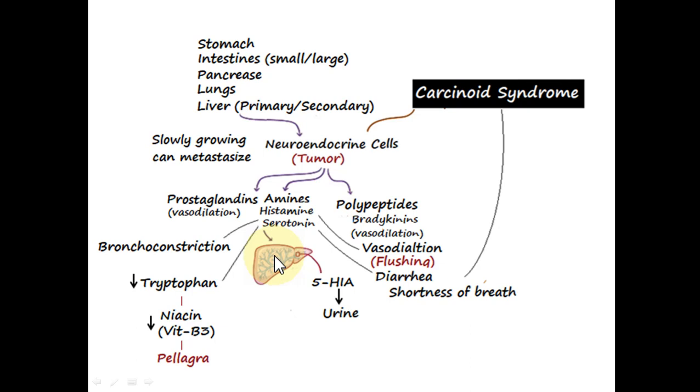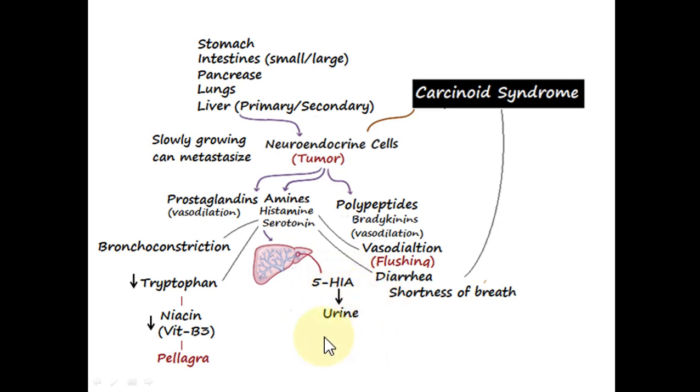When there is a primary or secondary tumor in the liver, then the liver is unable to detoxify serotonin. But normally, serotonin, which is taken into the liver, is converted into 5-hydroxyindole acetic acid, and 5-hydroxyindole acetic acid is excreted in urine, and in this way it is eliminated from the body.